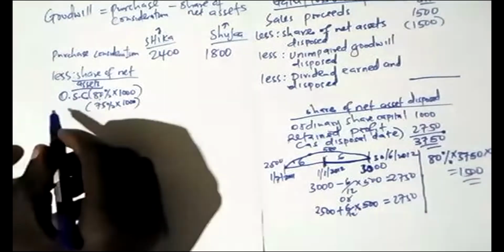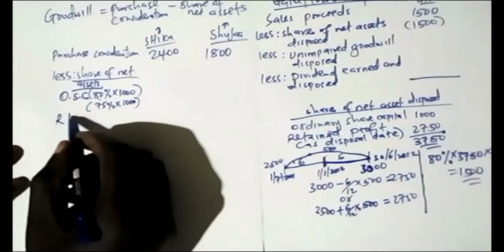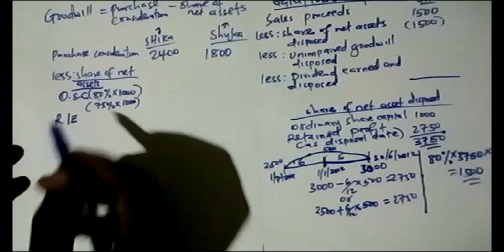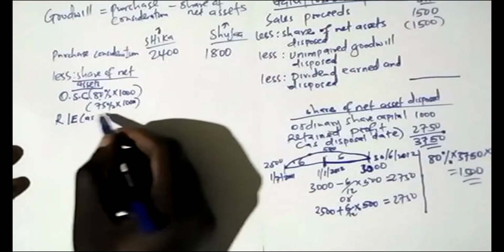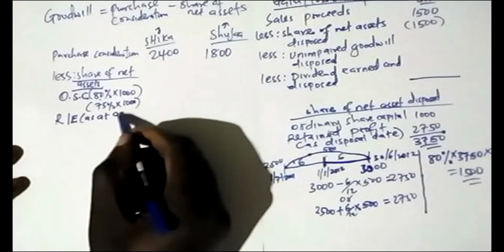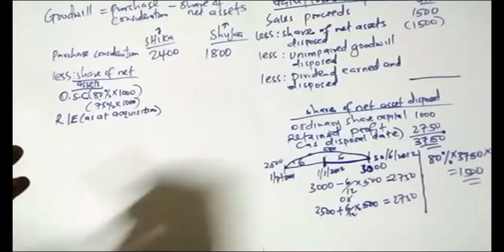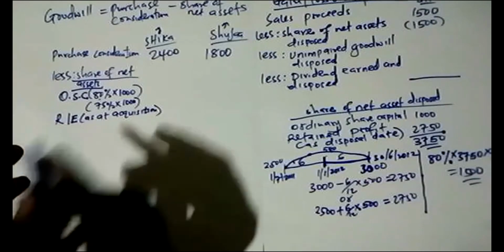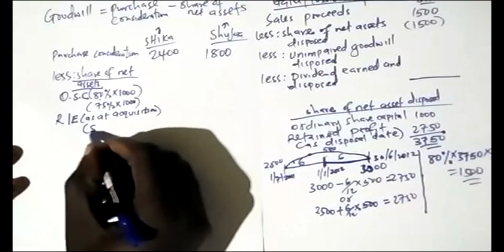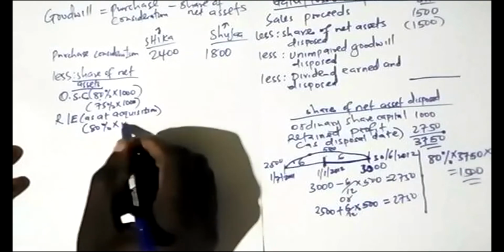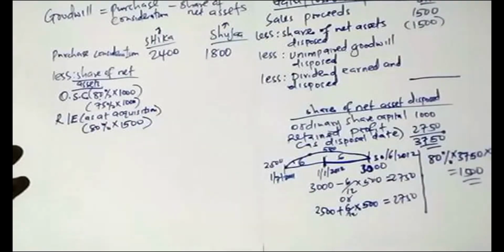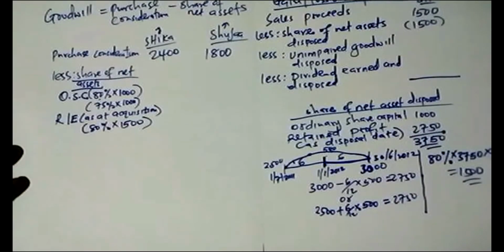Then we have to talk about the retained earnings. So retained earnings, this figure must be as at acquisition. So for Shika, this one was given direct. The parent was acquiring Shika as in note 1 when the retained earnings was 1,500.